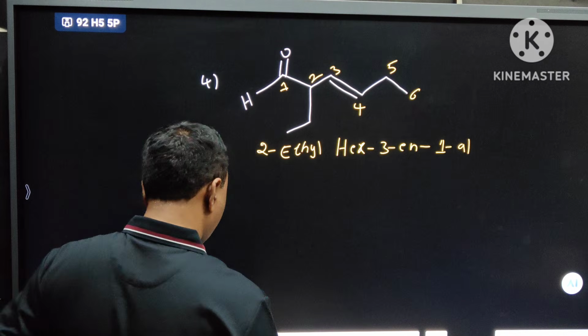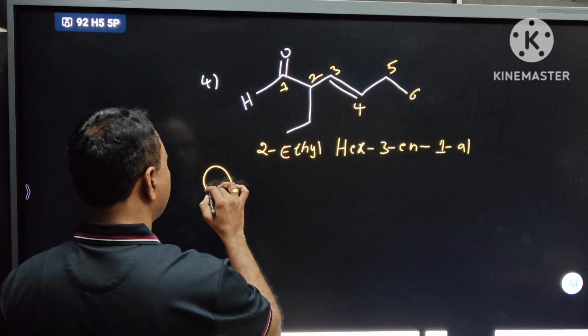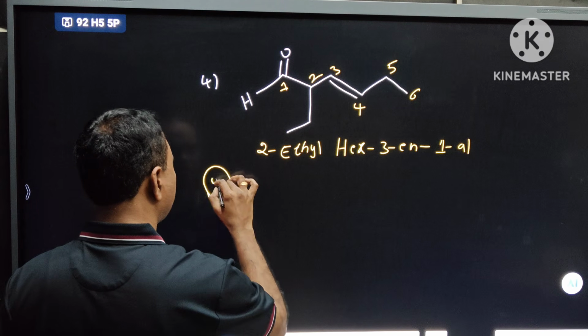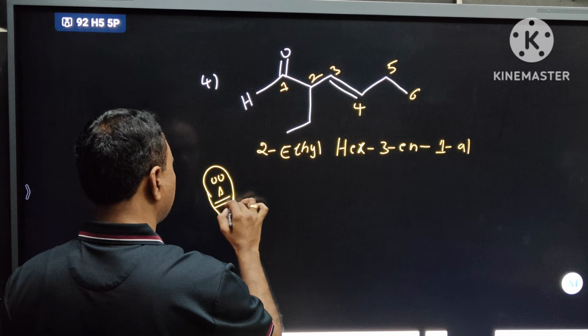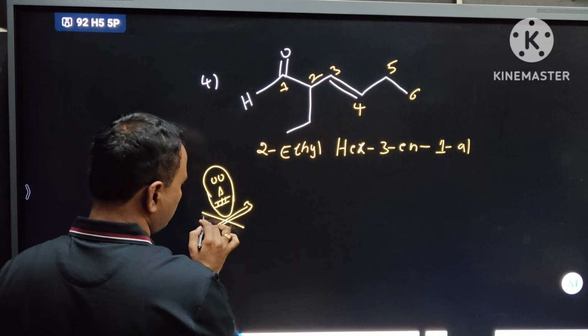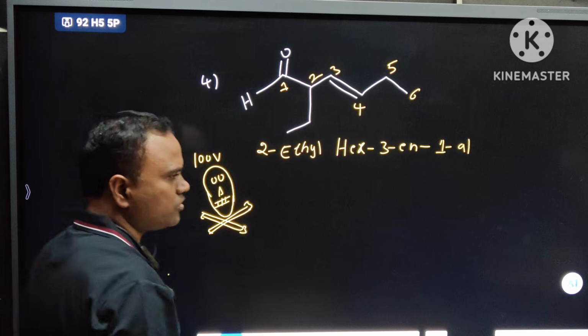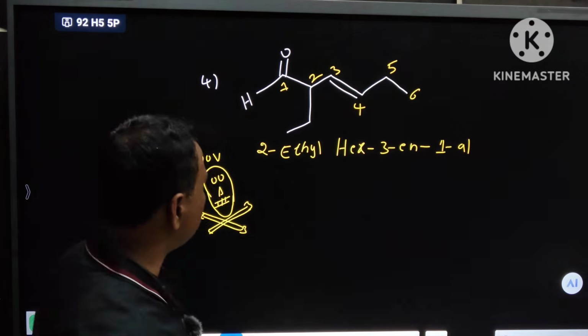Now, a very important point. This symbol represents very important danger. 100 volt current, 1000 volt current.